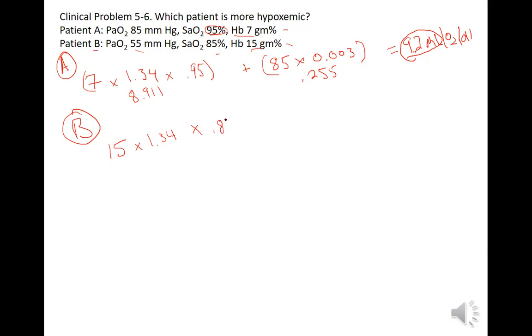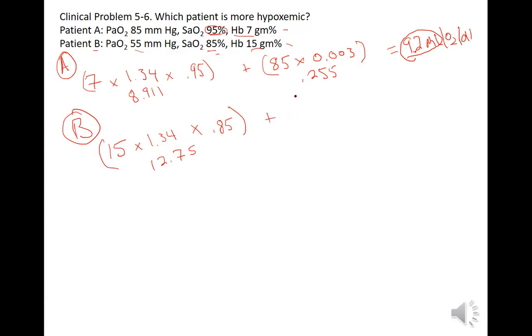That's a decimal in patient B. And if you multiply those, I don't know if I got this right, but it's 12.75. So even though this person doesn't look so good in numbers, this may turn out okay.